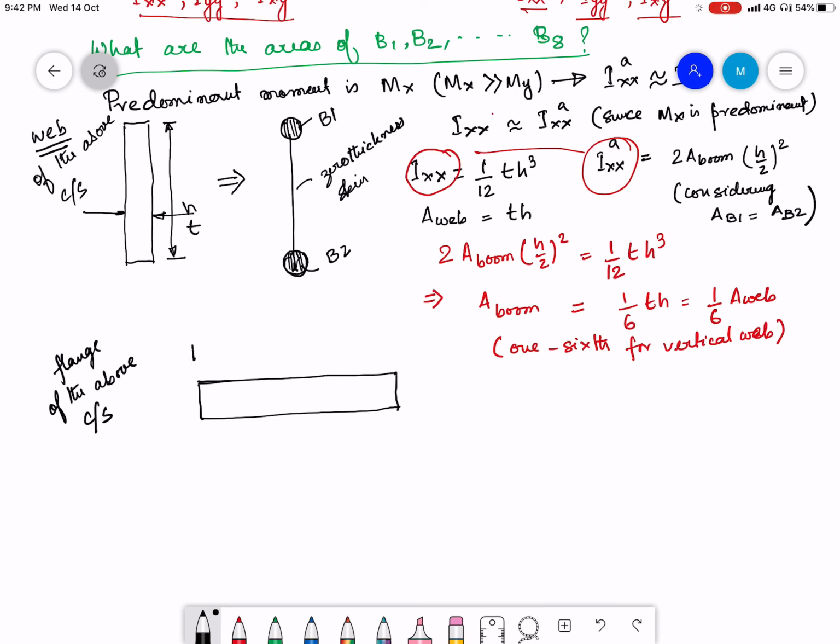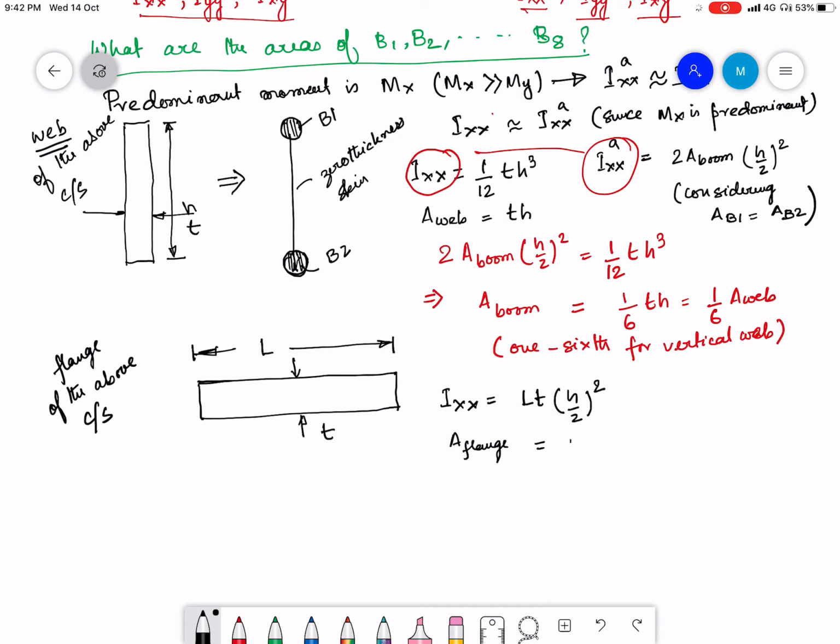This dimension is L and this dimension is t.